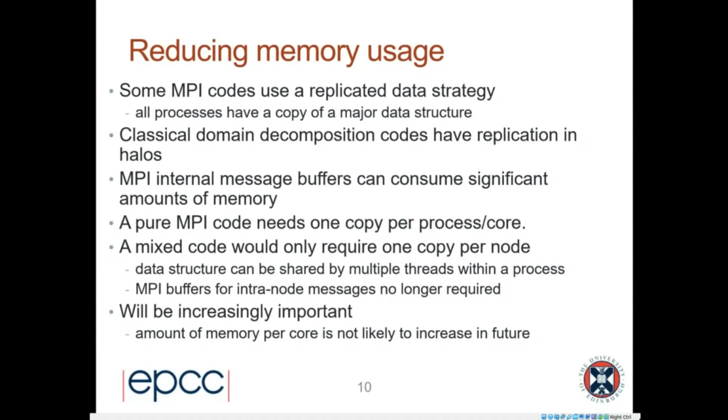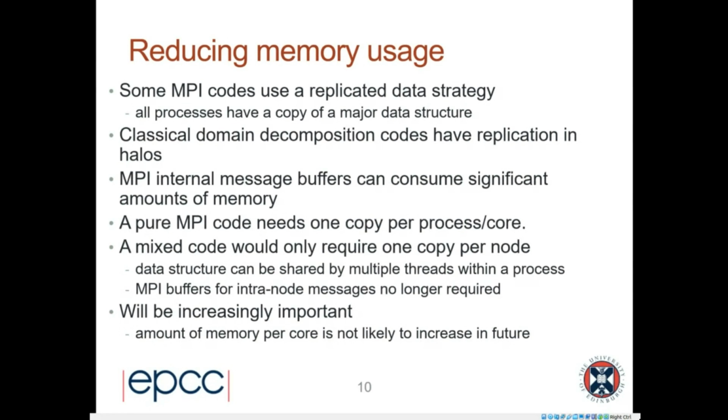Some MPI codes have a replicated data structure, where you have some data structure, some lookup table, and all processes have a copy of the entire data structure. That could be some table of just the data, or some big lookup table. In most scientific and technical codes, that's not particularly common, but it does happen.